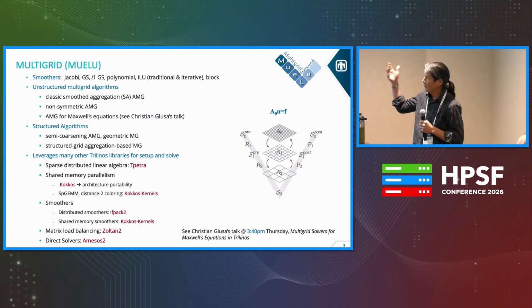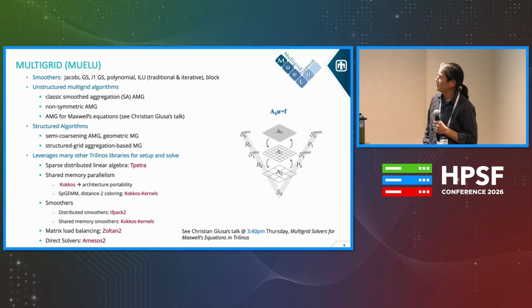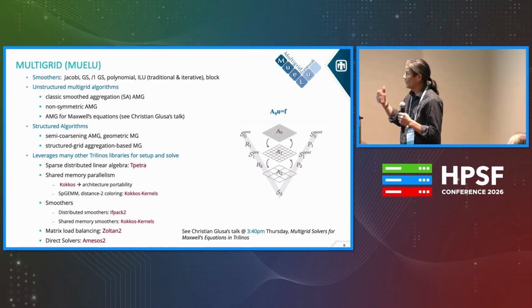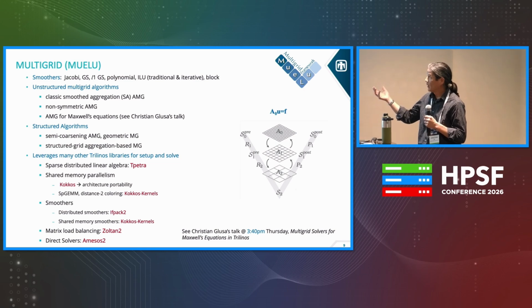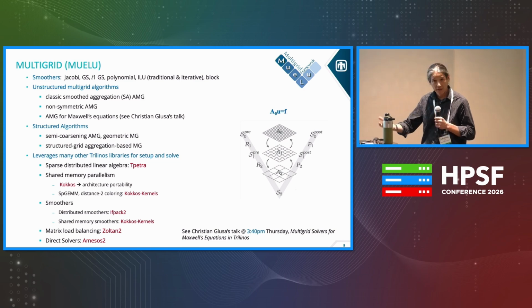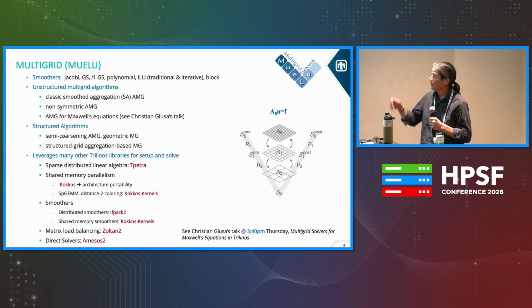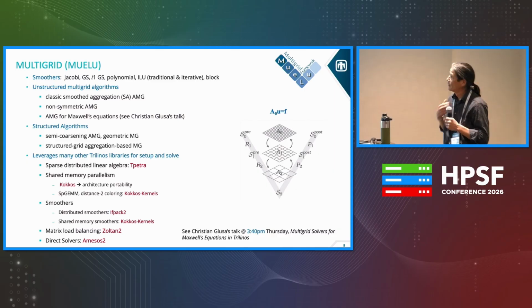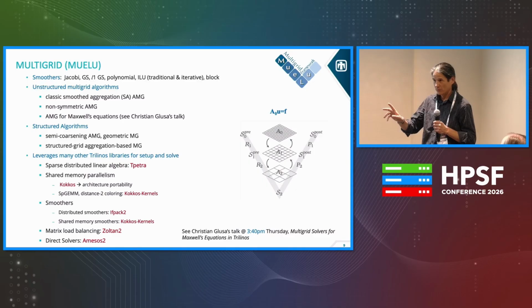But that's used to great effect inside of Sandia and outside as well. There's an AMG capability for tackling non-symmetric systems called Petrov-Galerkin. And then there are some specialized multigrid methods. In particular, there's one for particular forms of Maxwell's equations. So Christian Glusa will be talking about this a little bit later, actually tomorrow.